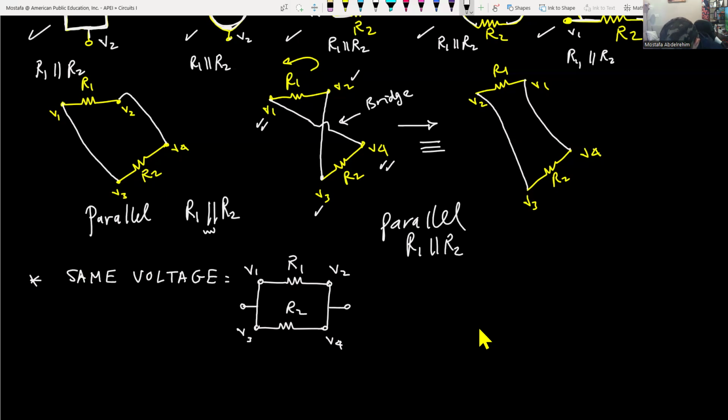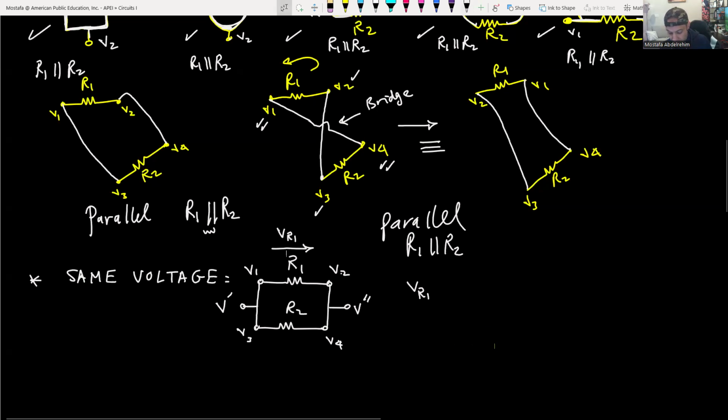Because now V1 and V3 are the same. Let's call it V and V dash, for example. And V2 and V4 are connected to each other, so just one point. So that's V double dash. If I want VR1, let's put the direction of VR1 like that.